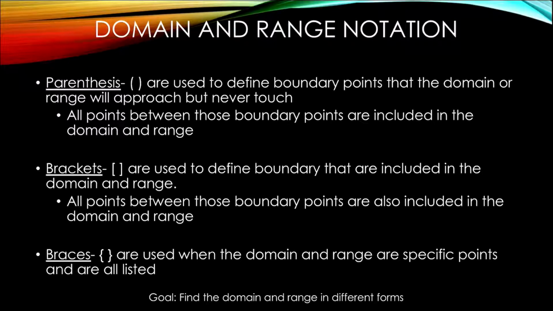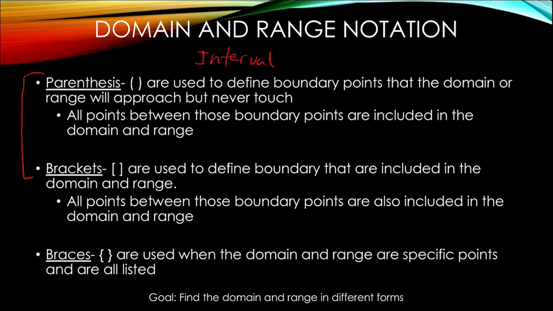Alright, so just notation, just a review. So remember, parentheses and brackets we use for interval notation. So these are boundary points that the domain or range will approach, but they'll never touch when we're using parentheses. So that means all points between those boundary points are included in the domain and range.